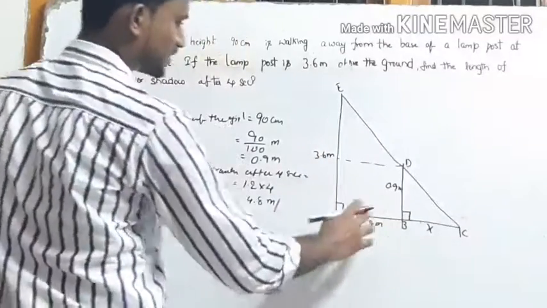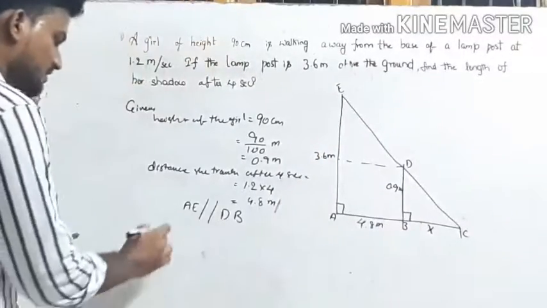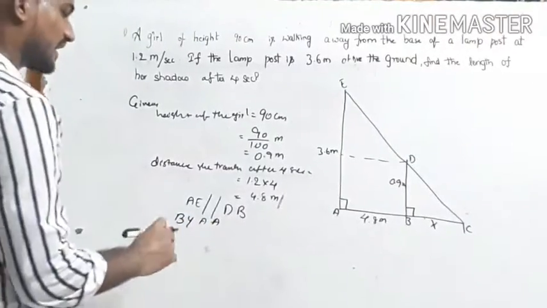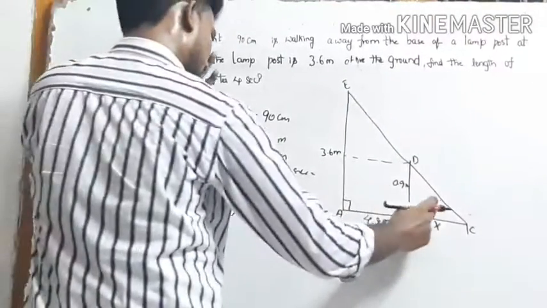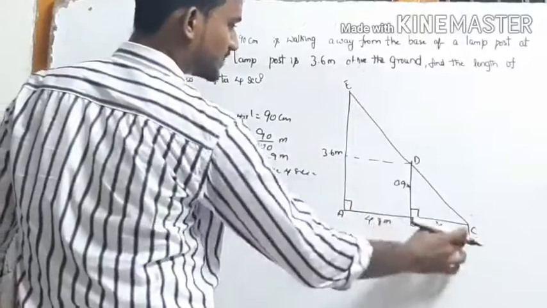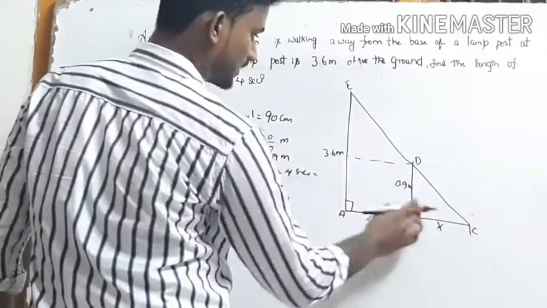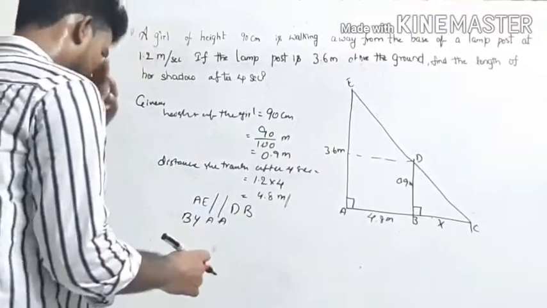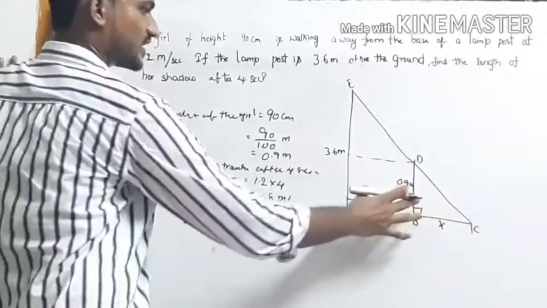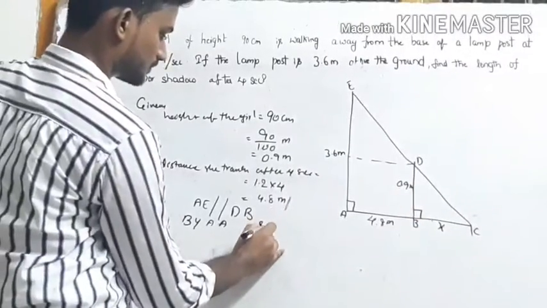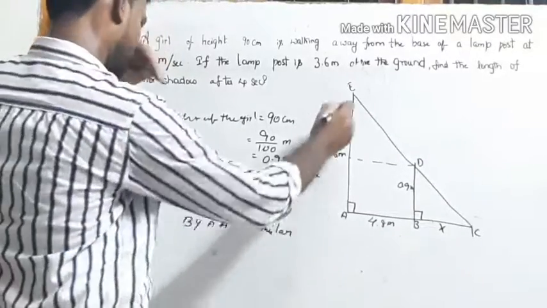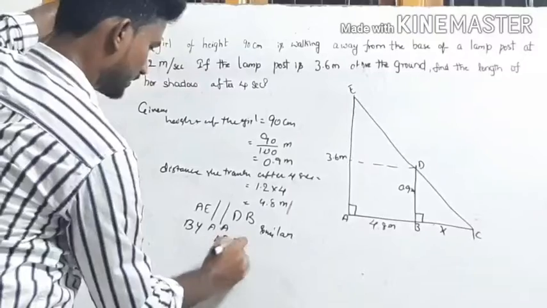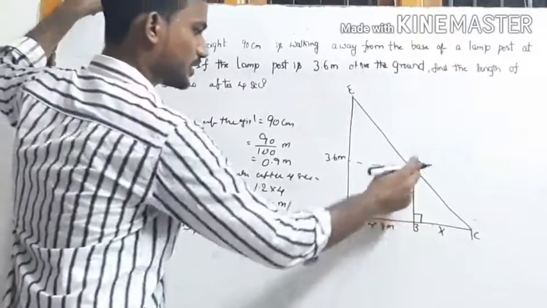Both angles are 90 degrees, so by AA similarity, the triangles AEC and DBC are similar. That is, triangle AEC is similar to triangle BDC.